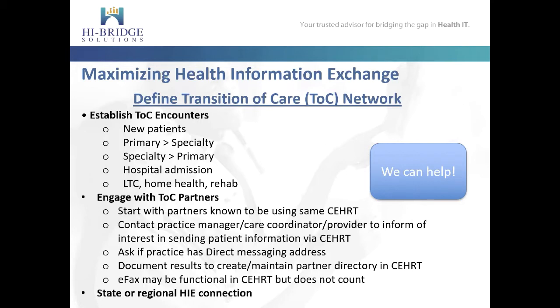We would like for you to establish a relationship that includes primary providers, specialty providers, hospital, long-term care facilities. We would like you to include all of them in your network, and we can help you with this. Then we want you to engage this community of care or transition of care network.